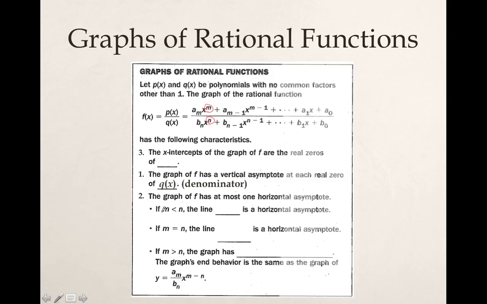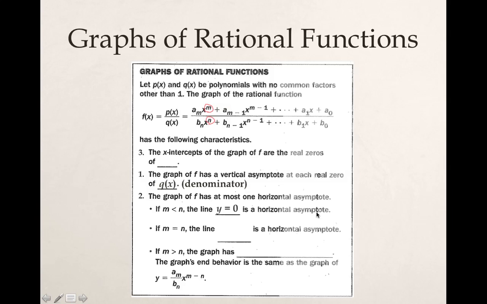Okay, so if you look at your exponents and you see that the top exponent m is smaller than the bottom exponent n, then automatically y equals 0 is our horizontal asymptote.